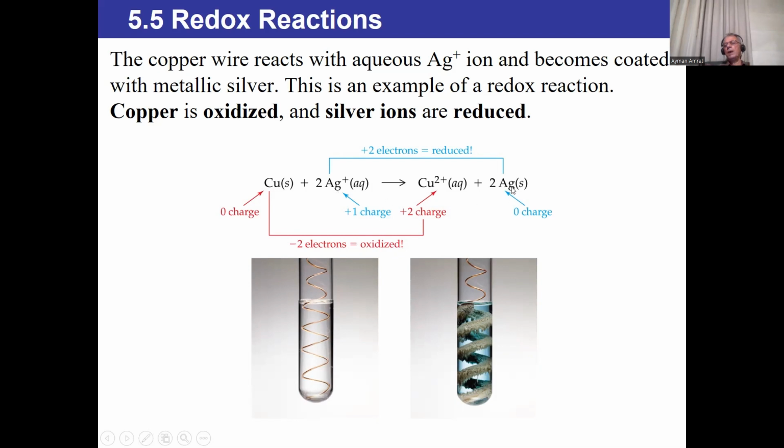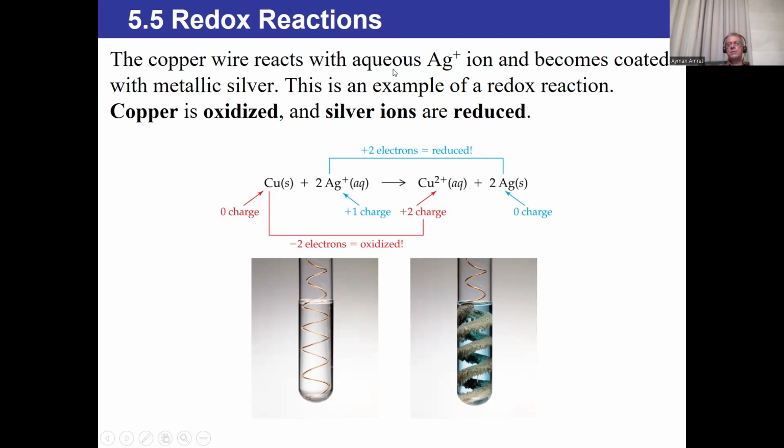While silver Ag plus is converted to Ag with zero charge, while the Ag ion, Ag plus, is positive, multiplied by 2. This occurs by gaining 2 electrons, so Ag plus is reduced while copper is oxidized.